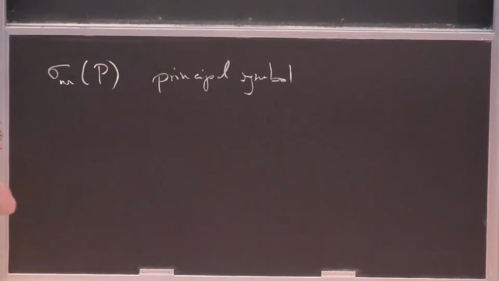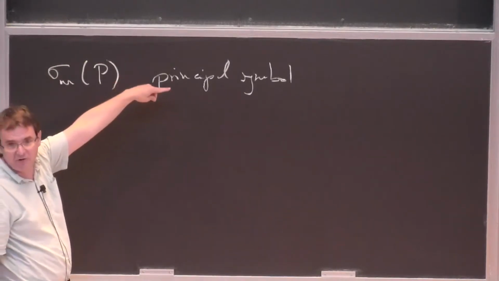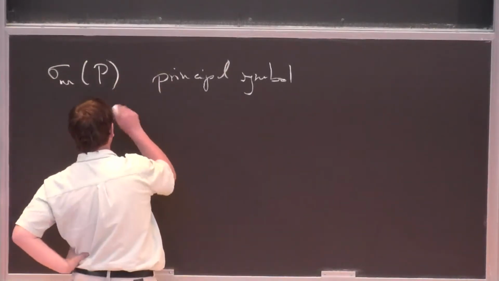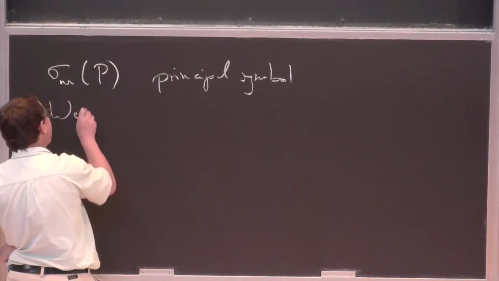But there is an important subclass of pseudo-differential operators, like the Laplacian that Schumann wrote down, namely differential operators in general. This is the case when the principal symbol has a homogeneous representative. So we'll assume that.